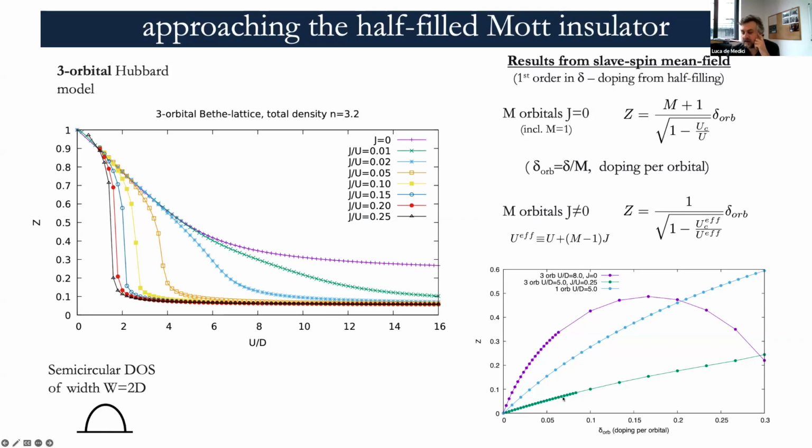And typically, the linear dependence of the Z as a function of doping is also seen to be much, much lower when you have Hund's coupling than when you don't have it. And even compared to the single band case, which goes together with the very first evidence I showed you, in which the U critical was lower than the U critical for a single band Mott insulator. All these come from the same physics, from the same matrix elements, and really shows that Hund's coupling favors this strong correlation.